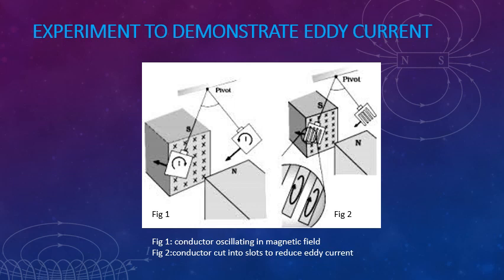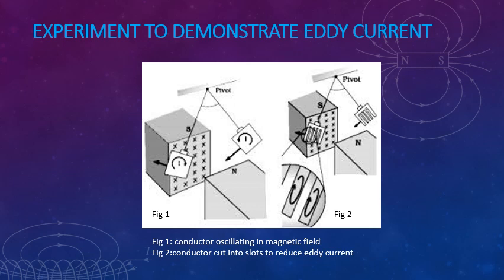Now, when it oscillates and comes out of the field to the other side, the flux decreases. According to Lenz's law, the induced EMF opposes the change in flux. So, to oppose the change in flux, the conductor will be pulled inside.